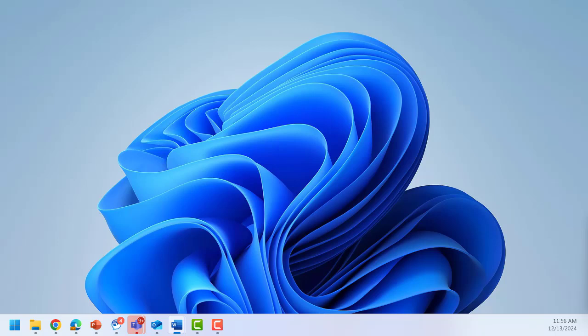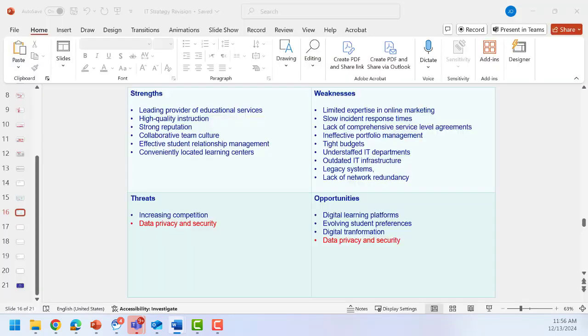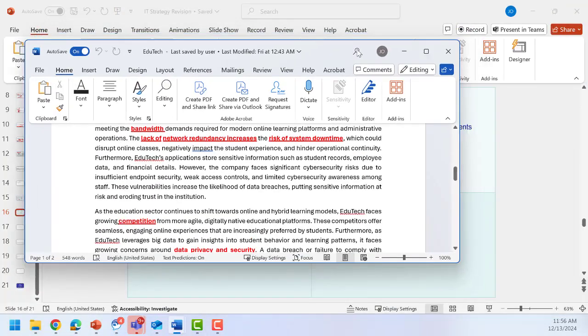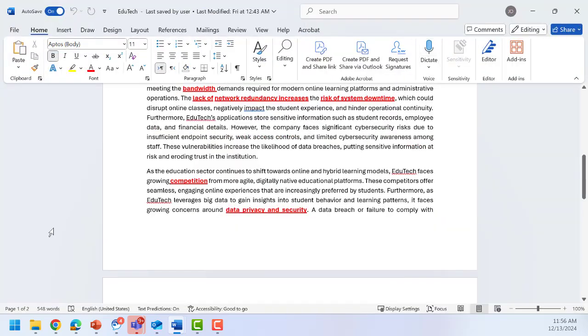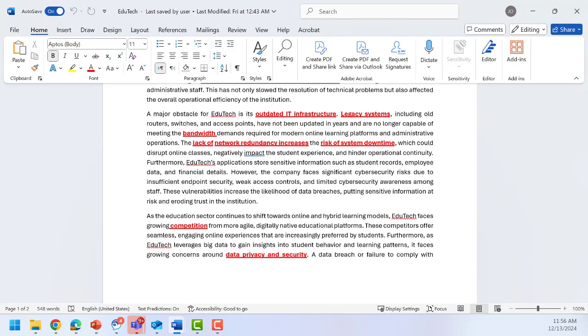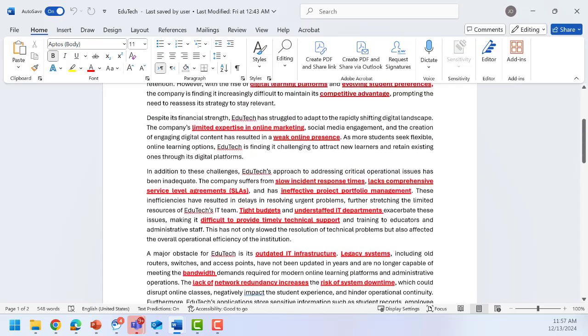What time is it? Yeah, we're nearly finishing. So I put the Word version of it, but I tried to embed it. Maybe I'll send this Word version as well.